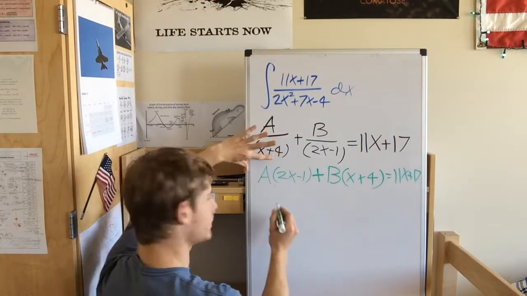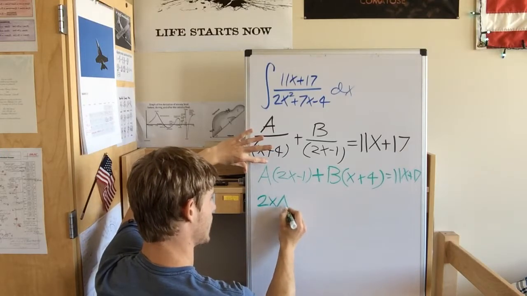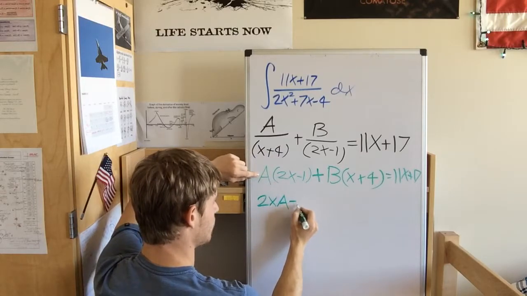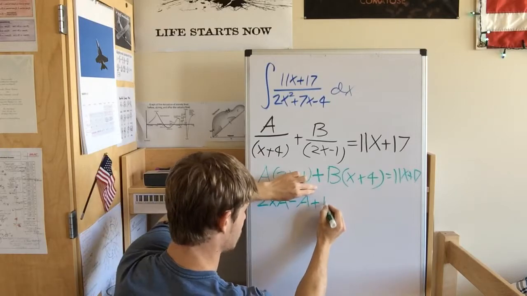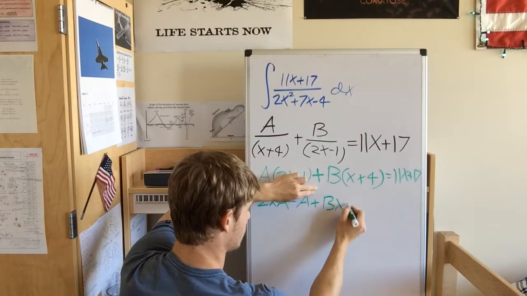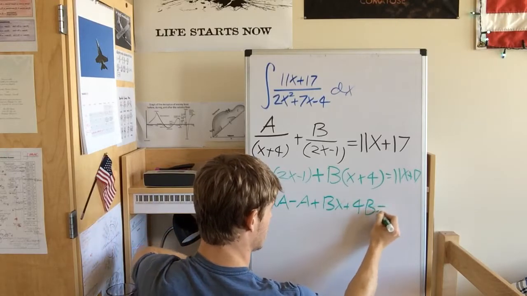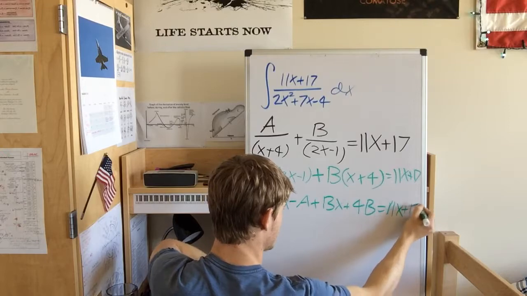I'm going to write this a little differently, as 2xA, and we're going to multiply A by 1, so we're going to get minus A, plus B times x is going to be Bx, plus B times 4 is going to be 4B, and then that's all going to equal 11x plus 17.